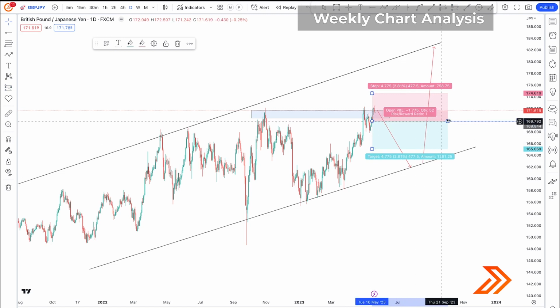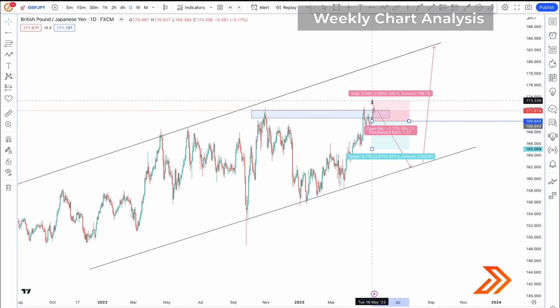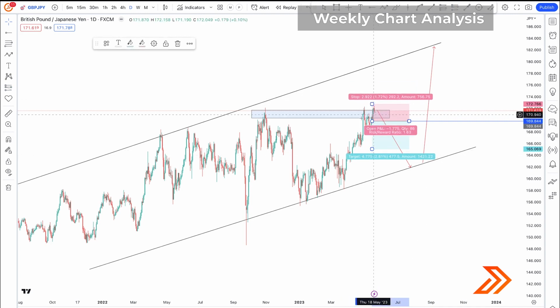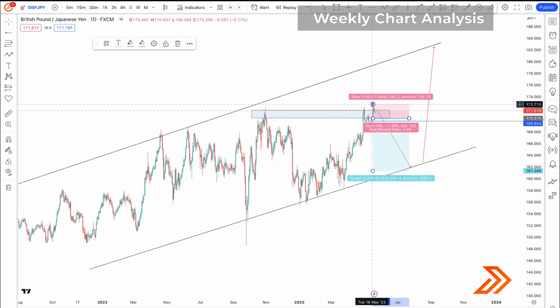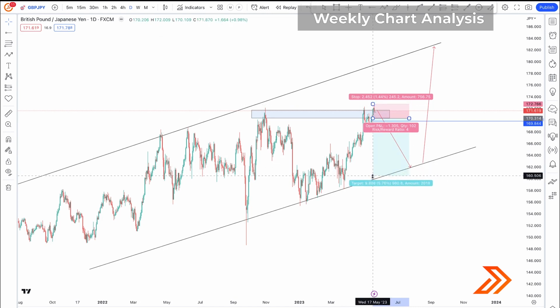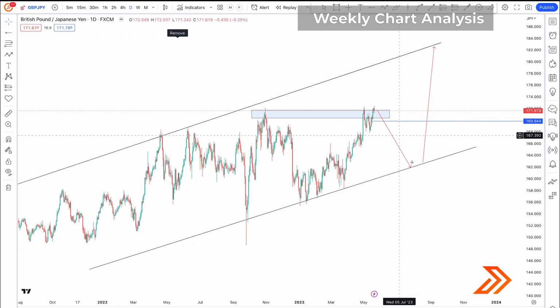For those who are yet to get into this trade, I would say you could wait for price to break out of this box here and then close around this zone, and then you could look to place your entry around here, and then have your stop loss placed somewhere around this zone, and then you could look for the profit target around this support channel, right, before this move that we might be expecting. So that is a likely scenario that I'm expecting to see on pounds JPY.